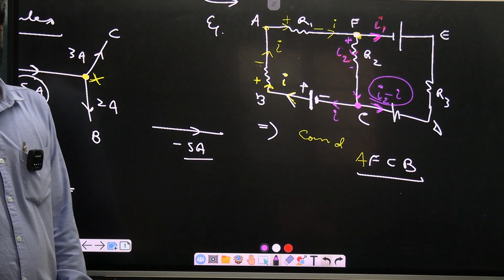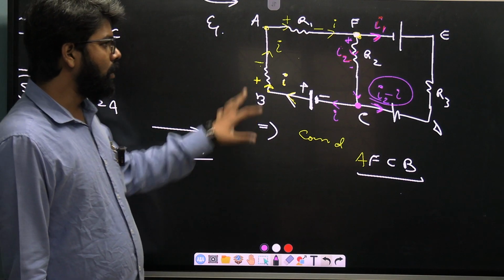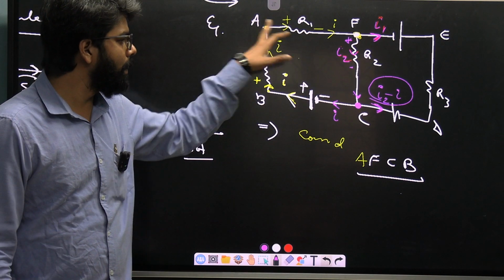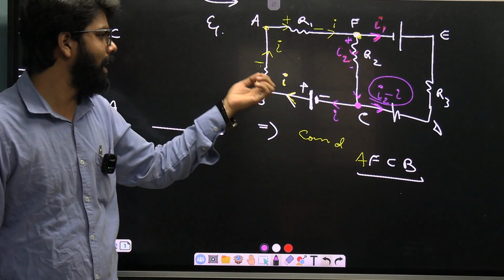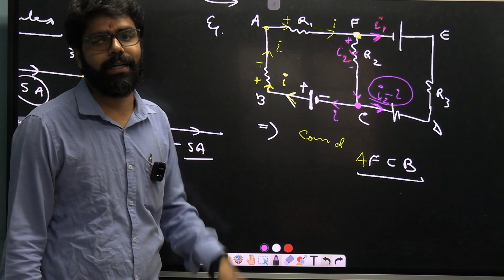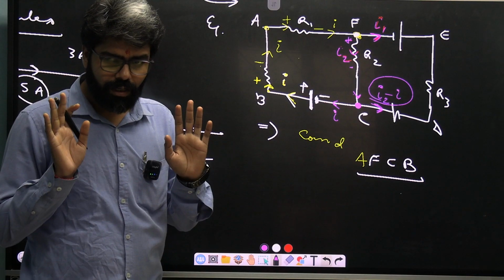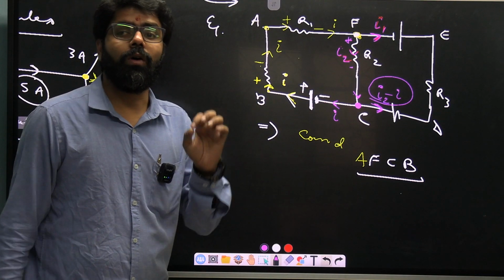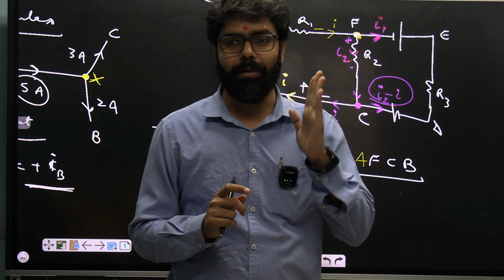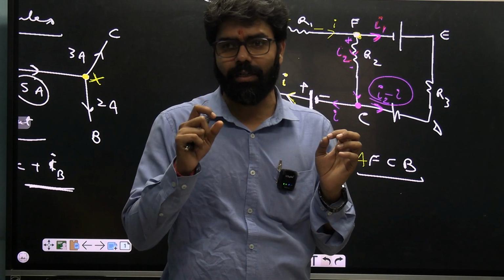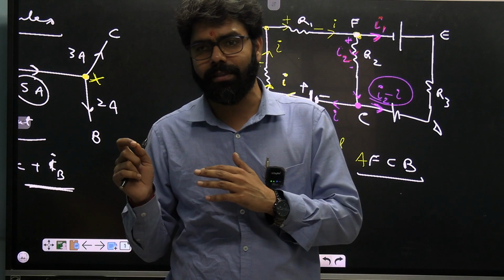So as per the junction rule, we have taken the loop AFCB and we have marked positive and negative across the battery and the resistance, and we have taken the current as well. It's very simple. You consider a loop across the battery, put the bigger stick as positive and the smaller stick as negative, the high potential and the low potential.